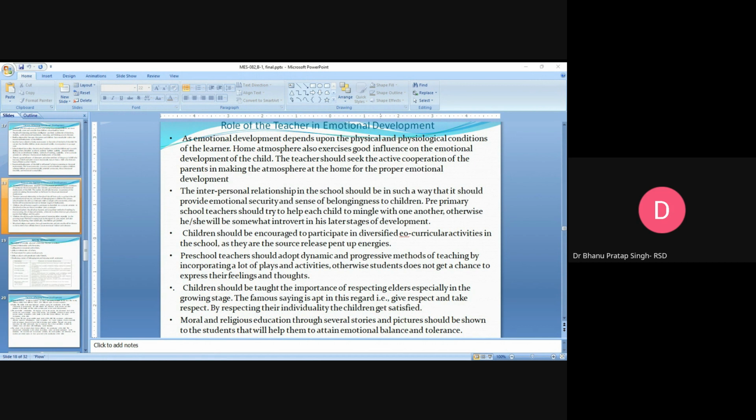As emotional development depends upon the psychological and physiological conditions of the learner, home atmosphere also exercises a good influence on the emotional development of the child.